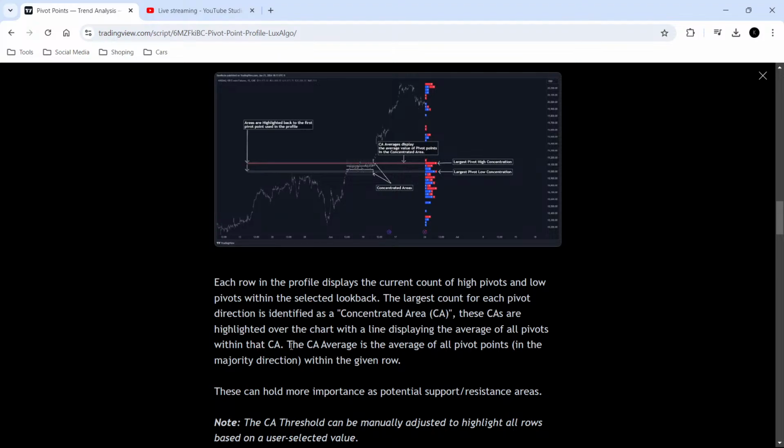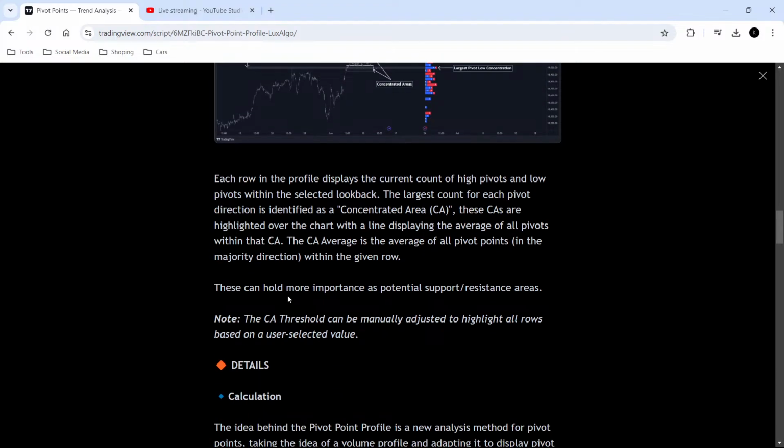These CAs are highlighted over the chart with a line displaying the average of all pivots within that CA. The CA average is the average of all pivot points in the major direction within the given row. This can hold more importance as a potential support or resistance area.